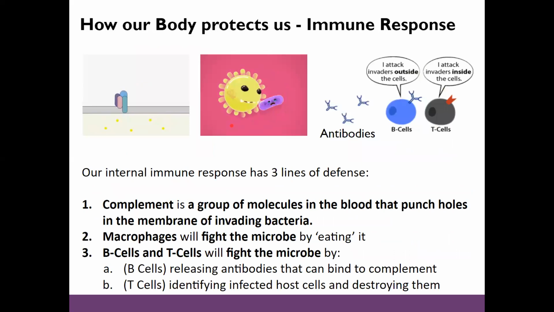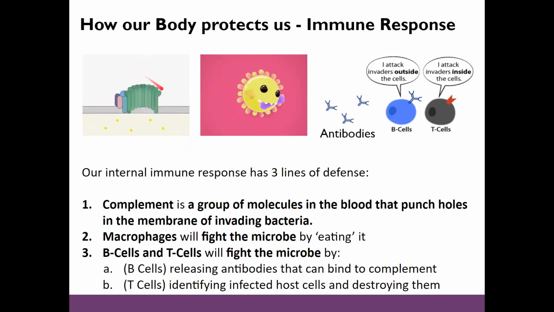Now, another really important way to know how our body protects us is the immune response. Let's say our defenses, our barriers, have been breached, and now bacteria and viruses are flooding our body.